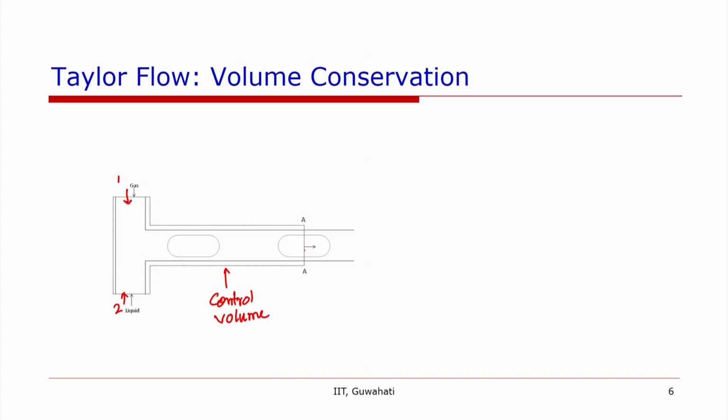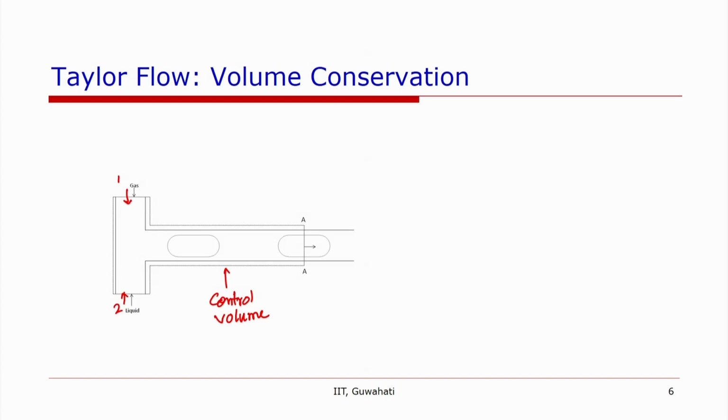At the other end of this control volume, we take an arbitrary cross section in the channel, AA. In this figure we have taken it where both the phases are present, but one can take it where it is only liquid phase. So let us write the mass conservation equation here.